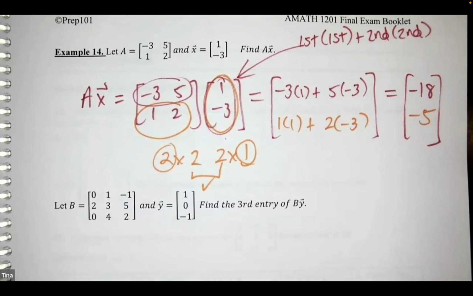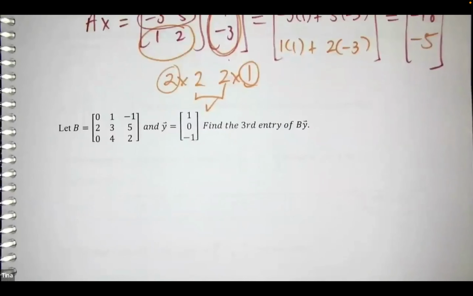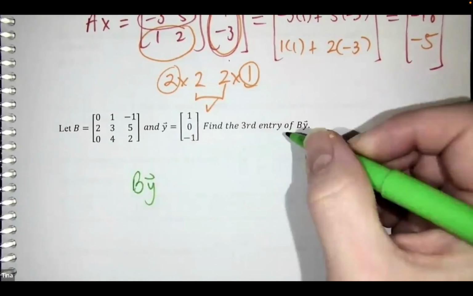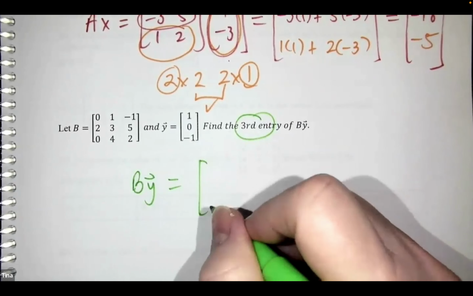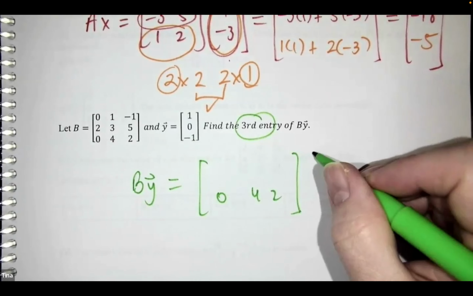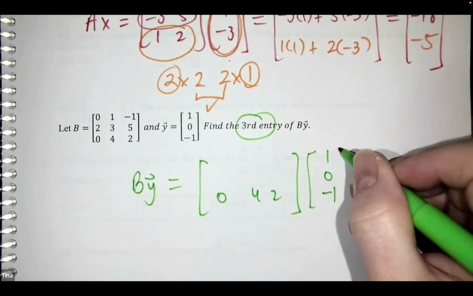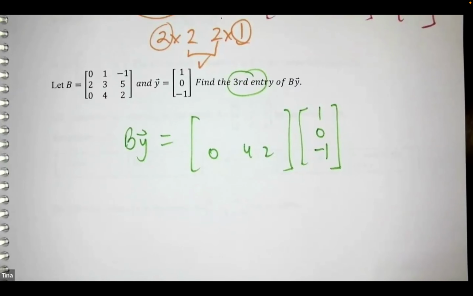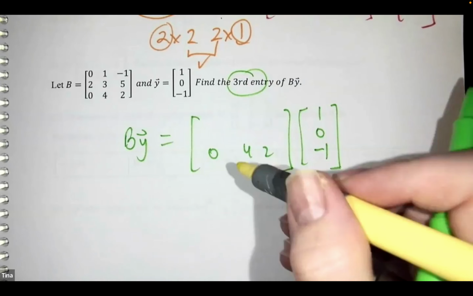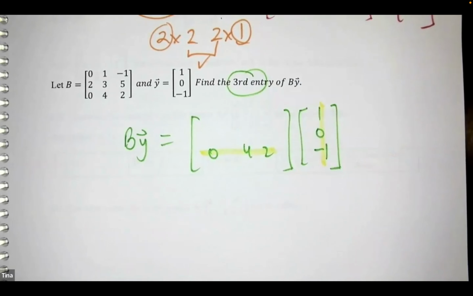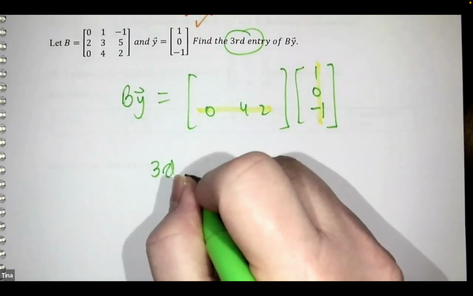Okay, so that's the only kind of product you're going to have to do. So here, if I want the third entry, then I'd just be taking the third row and timesing by this vector y. So the third entry would be what?